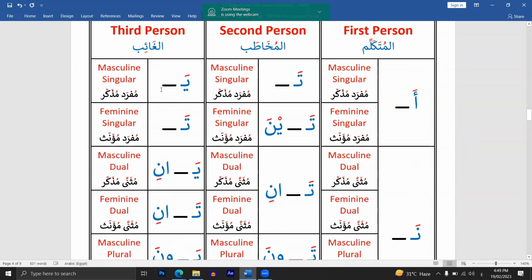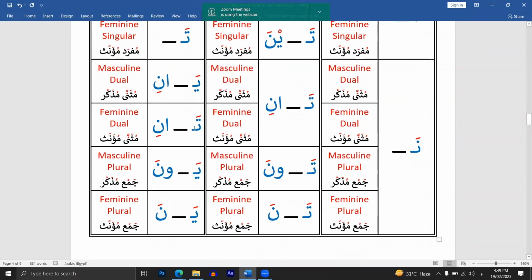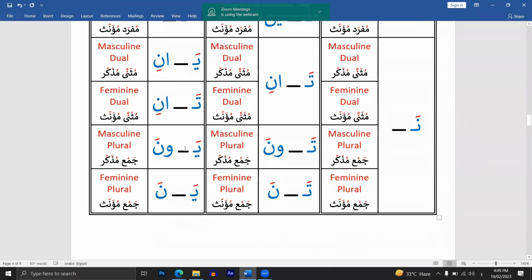So in both singulars, we have only the prefix ya and ta. For the duals, we have the prefix in addition to alif noon as usual. And lastly, for plurals, we have waw noon and na again. The only difference between these two is that here we have ta as prefix, and here we have ya.